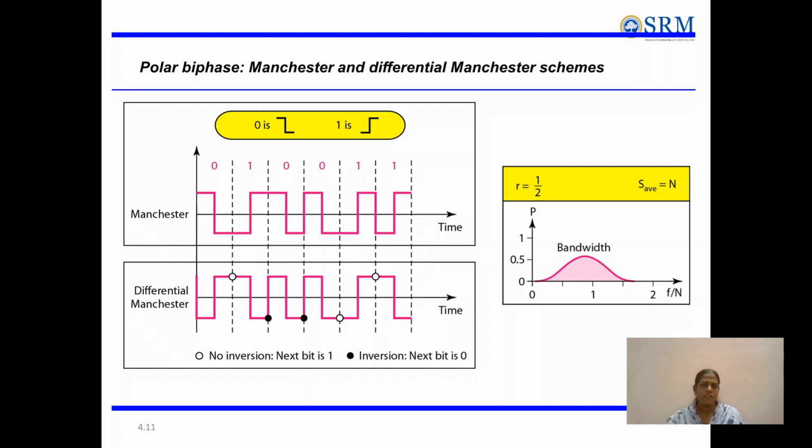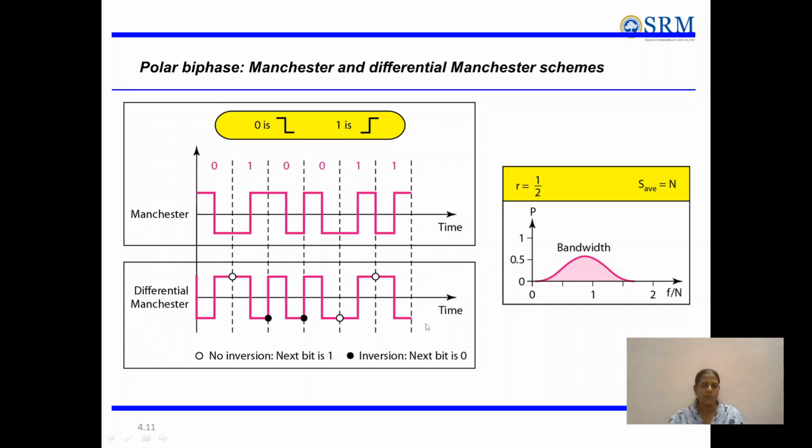Coming to differential Manchester encoding. We know it is a combination of non-return to 0 I and return to 0. Non-return to 0 I is an inversion. Whenever the next bit is 1, there will be no inversion, and when the next bit is 0, you can see an inversion happening.